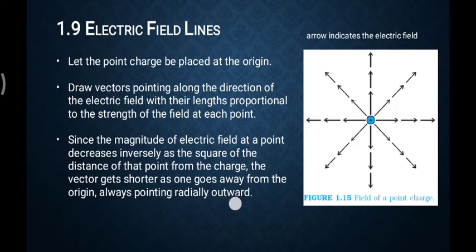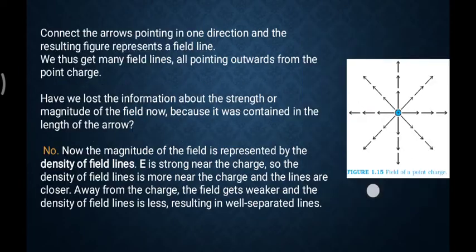Since the magnitude of the electric field at a point decreases inversely as the square of the distance of that point from the charge, the vector gets shorter and shorter as we go away from the origin, always pointing radially outward if it is positively charged. If it is negatively charged, it is the same thing with inverted arrows. It is very clear because we saw that earlier also.